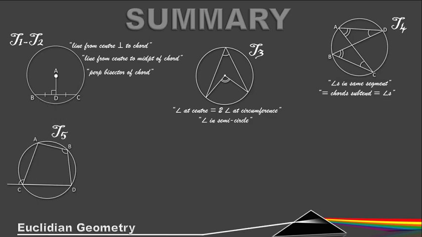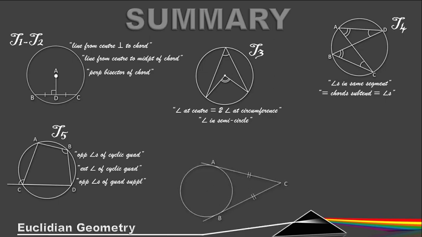And then for theorem 5, we have that opposite angles of a cyclic quad are supplementary. And then exterior angle of a cyclic quad is equal to the interior opposite angle. And then opposite angles of a quad are supplementary, and that is once again when you have to prove a quad being a cyclic quad.